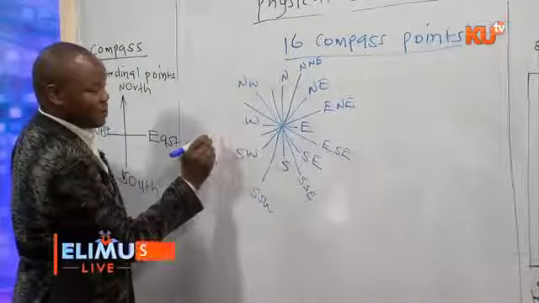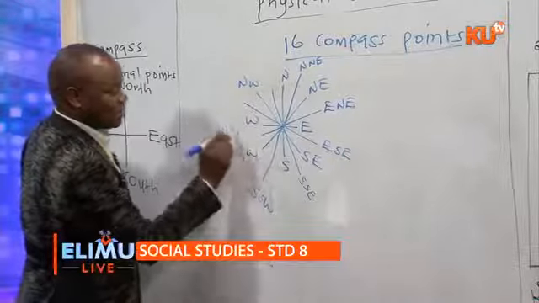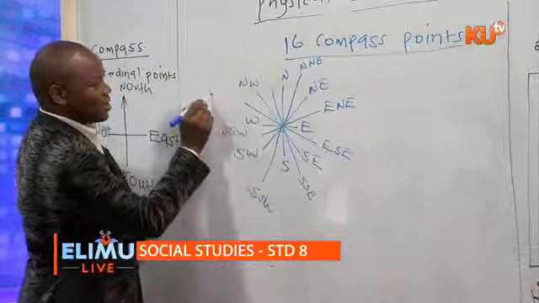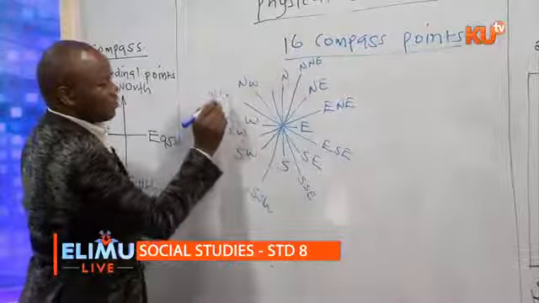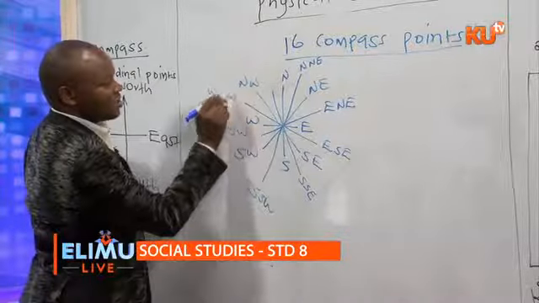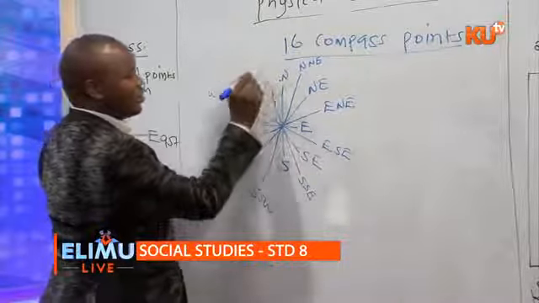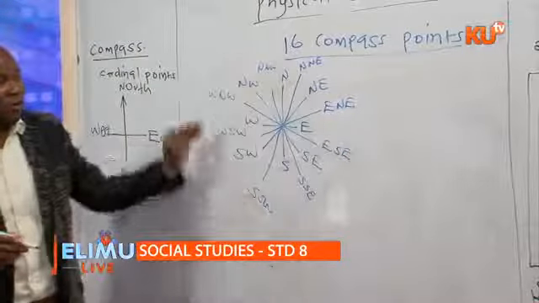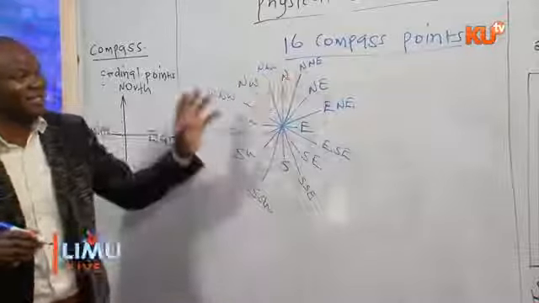Then here we have west, southwest. Then at this part, you start with this one, that is west, northwest. Then we have this north, northwest. Of course, these are the 16 compass directions.